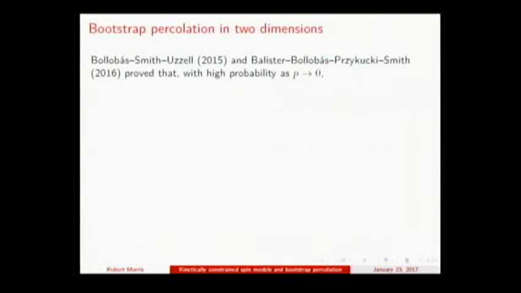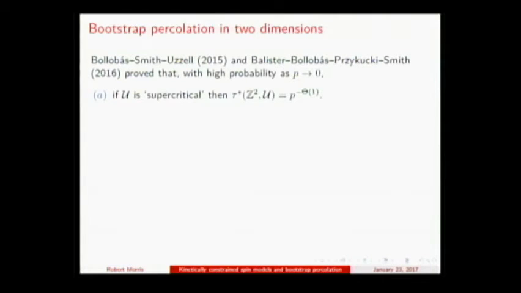Okay, so what did they prove? They were able to classify these models in 2 dimensions as follows. I'll say what supercritical and the other definitions mean in a second. They said that there were 3 possibilities. Either you're supercritical, and it takes time polynomial to infect the origin.